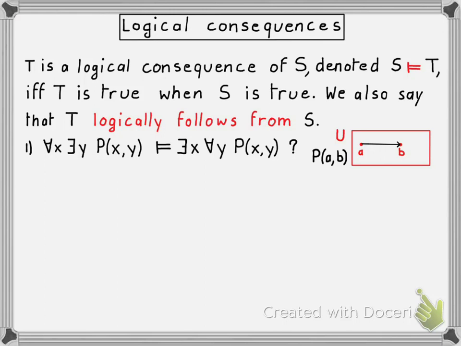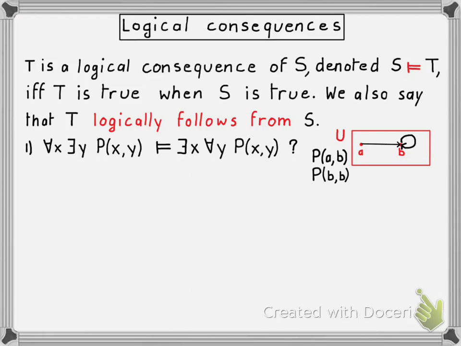So in this pictorial representation, every arrow represents a single proposition. Let's say I wanted to add another proposition, say P of B and B. How would I represent that graphically? Well, P of BB means that B is in a relationship with itself, which means I must draw an arrow from B to itself.